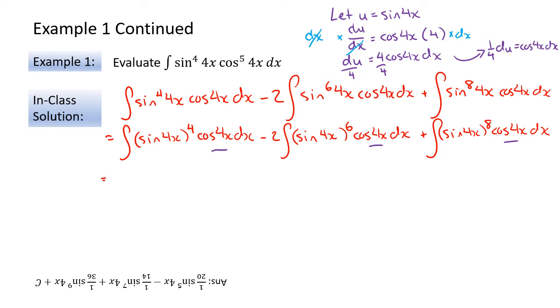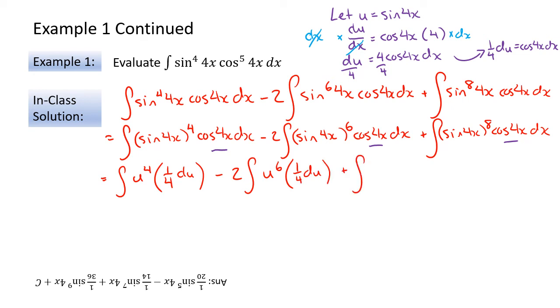Okay? So what we're left with is the integral now of u to the exponent 4 times 1 over 4 du, minus 2 times the integral of u to the exponent 6 times 1 over 4 du, plus the last term, the integral of u to the exponent 8 times 1 over 4 du.